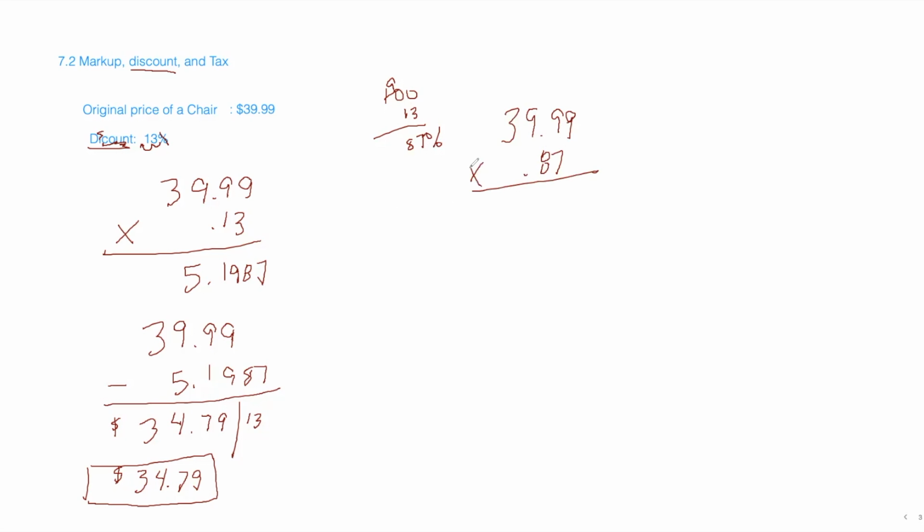You multiply it, and you end up getting 34.7913. Sound familiar? Once again, now you round at the very end. It's going to be $34.79. Two methods.